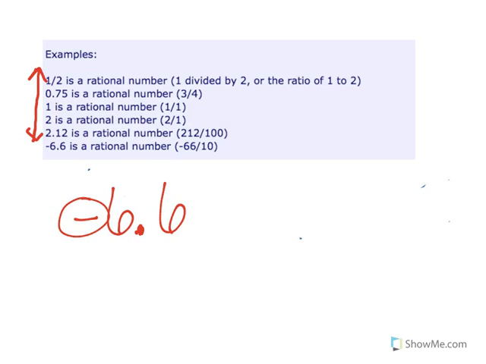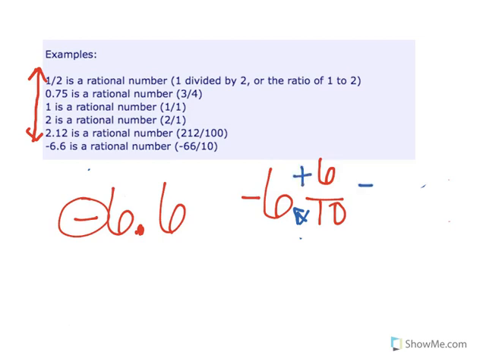But it still has the same rules. I can read it, -6 and 6/10. Well, Miss Benjamin, that's a mixed number, not necessarily a fraction. Well, let's go around the world. Same situation. 10 times -6 is -60.